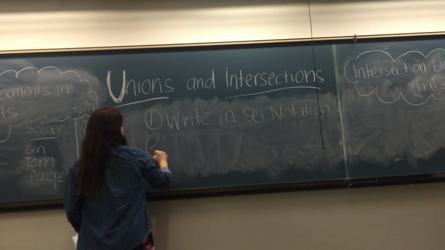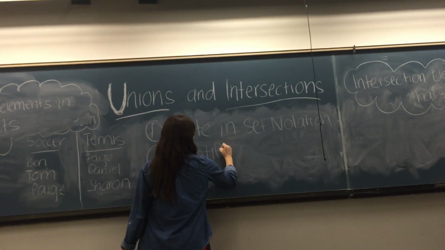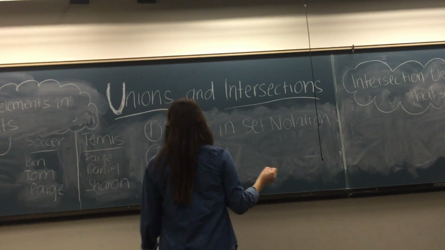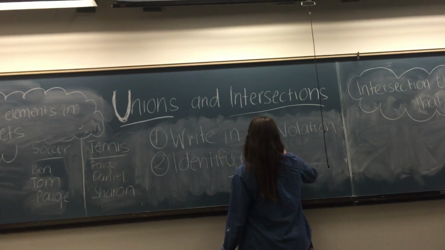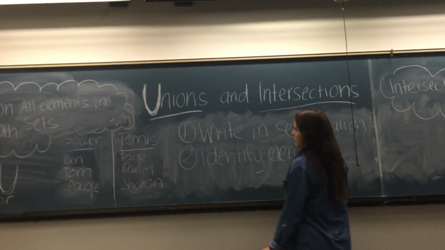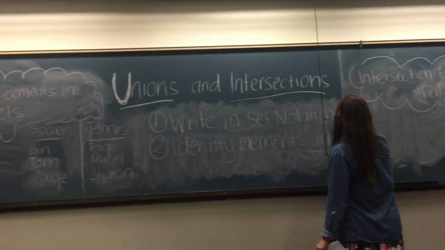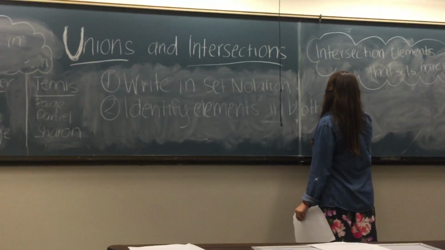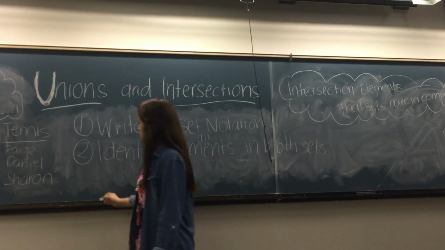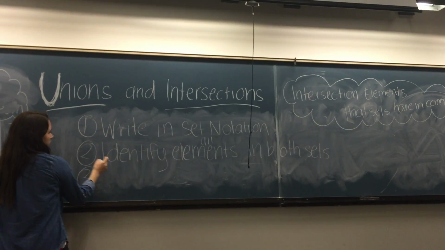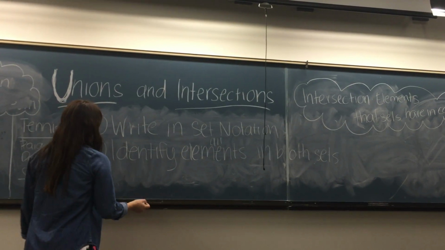Then, second step, identify all elements in both sets. So number 2 would be for the union, and number 3 for the intersection.